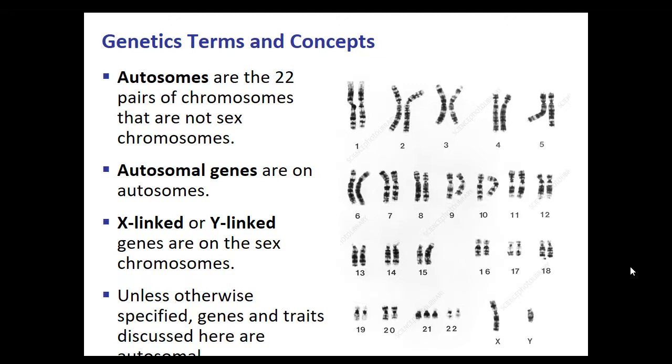And so autosomal genes are just genes that are on those 22 pairs of chromosomes, not the X and Y. Genes that are on the X and Y chromosome, we call X-linked or Y-linked, or just sex-linked genes.